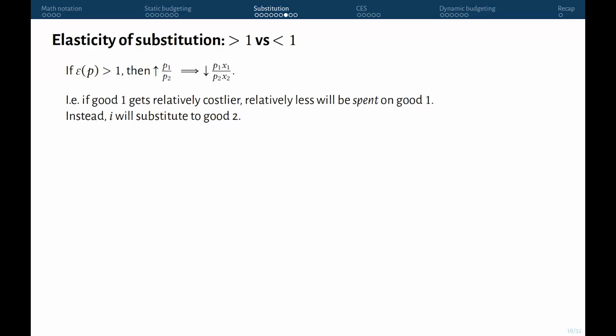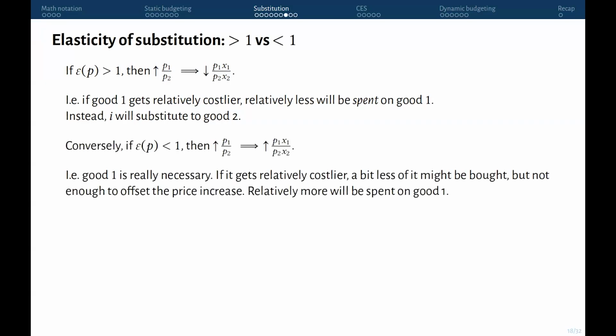So, if good one gets relatively more expensive, there's two effects at play. You might be spending more dollars on good one because each unit costs more and you still like good one. But you might also be spending fewer dollars on good one because you're shifting over to good two. And so if the elasticity is greater than 1, then that second effect predominates. You're shifting over to good two by so much that even though one's more expensive now, you're spending fewer dollars on it. Conversely, if the elasticity is less than 1, then when a good gets relatively more expensive, you're spending more of your budget on it.